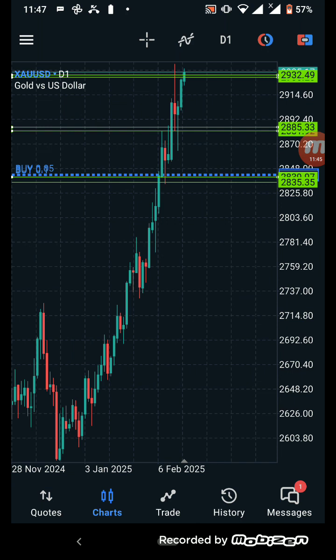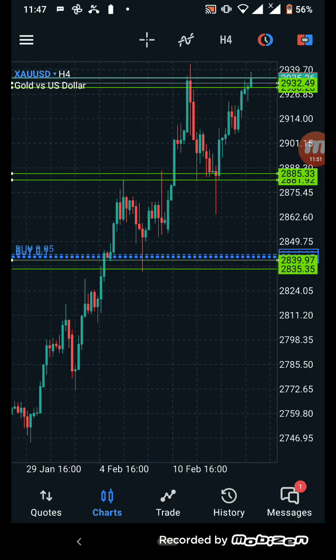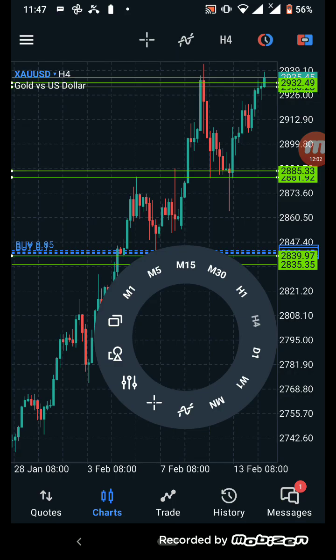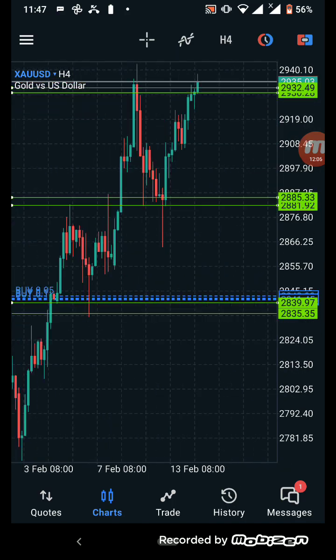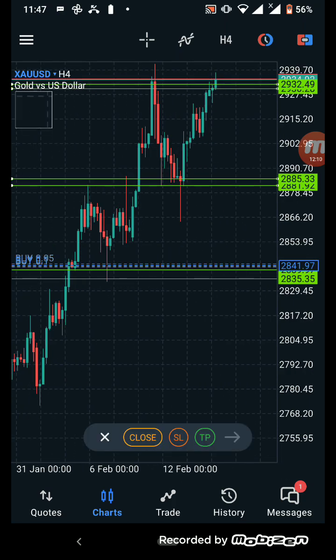Now, when you look at the 1 hour time frame, when you look at the 4 hours chart, as you can see, we waited for the market to start going up. So it went up, came down. When it began going up, we decided to enter that trade right here.